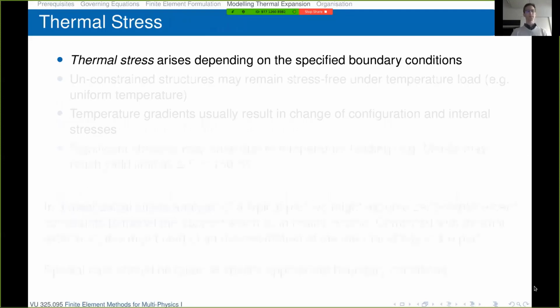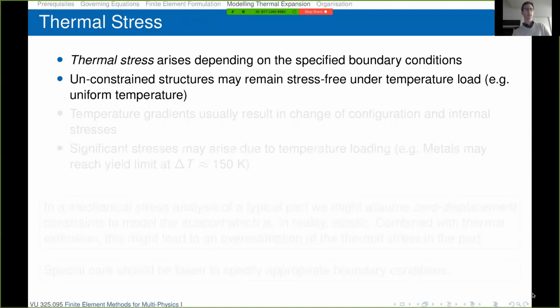The other thing we have to consider is thermal stresses. This is what we want to compute, and they arise depending on the specified boundary conditions in the mechanical problem, of course. So just think a little bit about what could happen to a body that is expanding under thermal load or under temperature change.